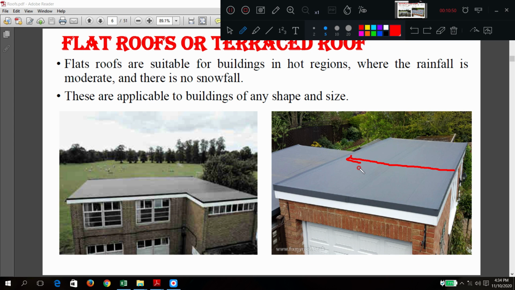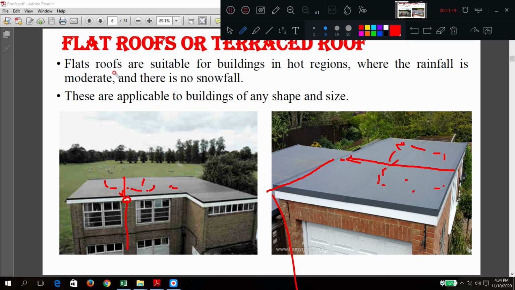Maybe here, because some pipes are there, they will collect the rainwater which has fallen, and it will be disposed of. Otherwise, rainwater will become stagnant here. It will become a swimming pool the next day. So to avoid that, a slight slope is there, but very less.